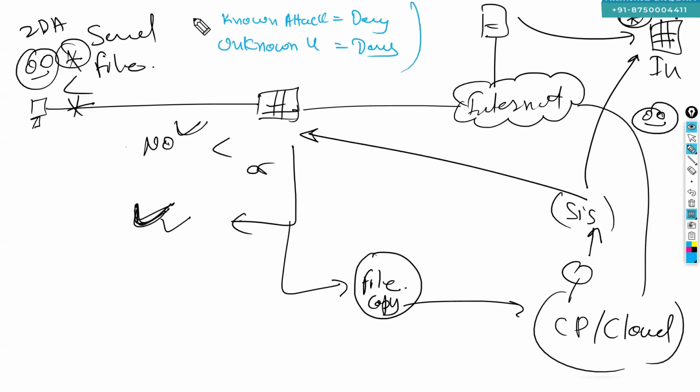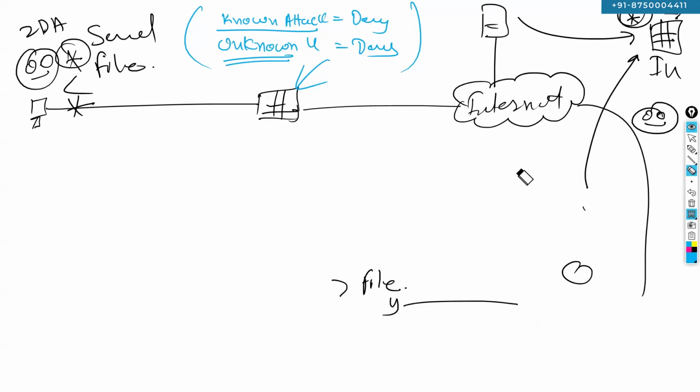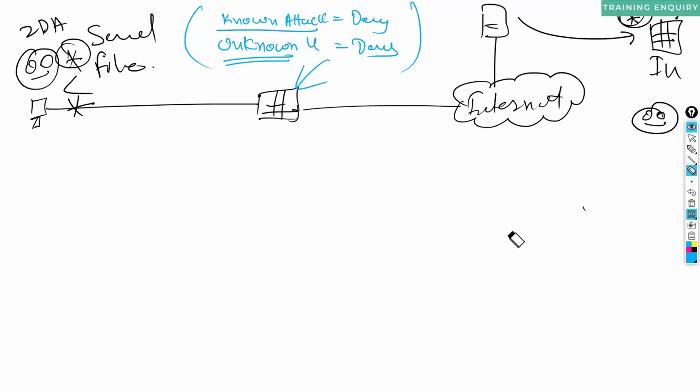If this capability is in your device, do you think that the vendor will code this functionality in your device? If you have received a device which is protecting you from known and unknown attacks and there is nothing to do here, can you tell me, will you purchase any other device after purchasing this device? Right. So you only purchase it one time, then there is no need to purchase anything.